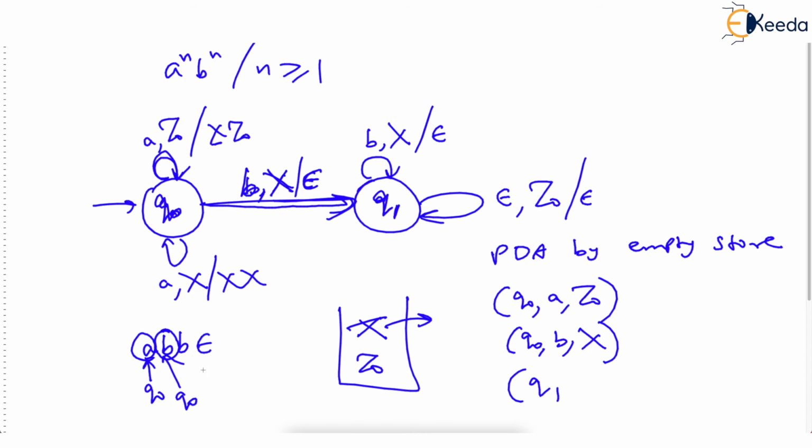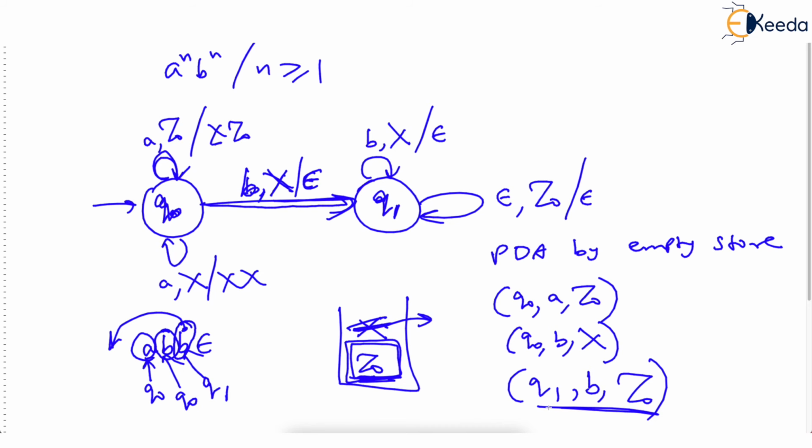Just check very carefully. We are in Q1 state and we are about to read this next B. In Q1 state, we are reading B, but the top is Z0. Oh, good Lord, look at that. Now the top is Z0. When you are reading a B, you should have A pending, but now you have Z0. You don't have any X pending.